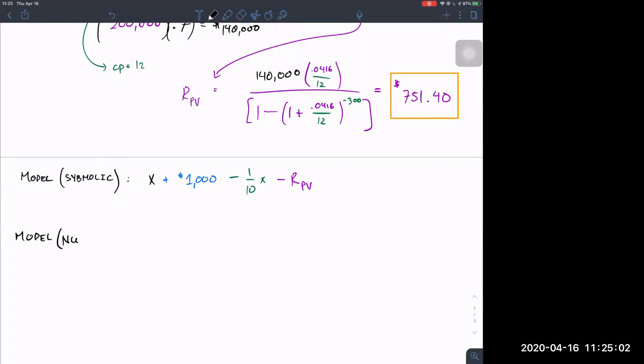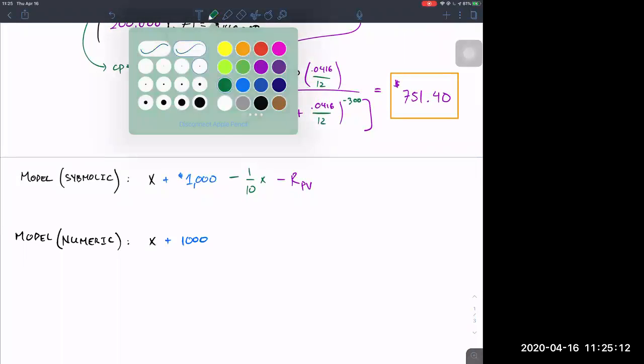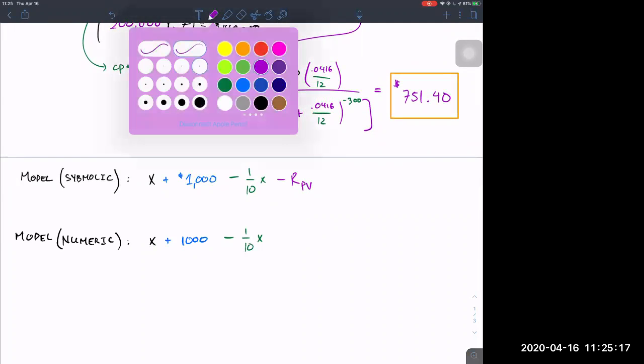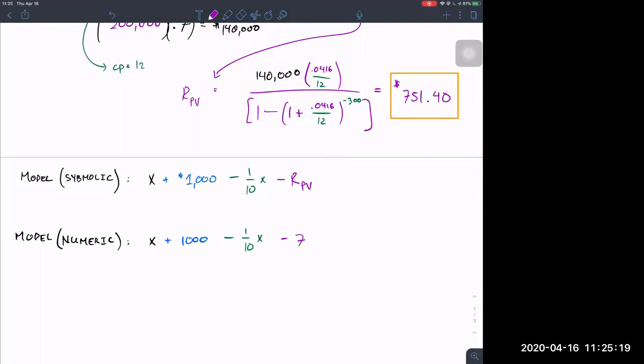So numeric will look like actually the same thing in this case, just plug in the 751 this time, minus 1/10 X minus 751.40. Okay, so here are your 2 models. And then what happens is that, I'll just write or again here.